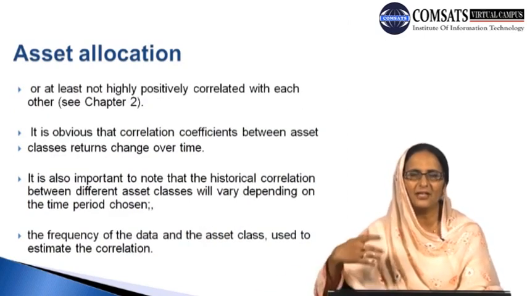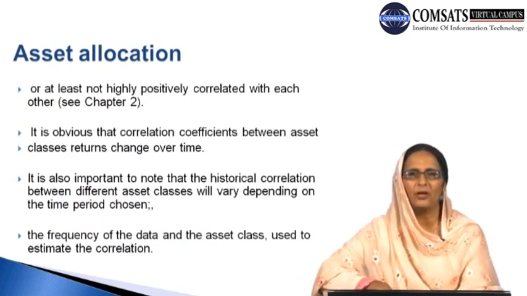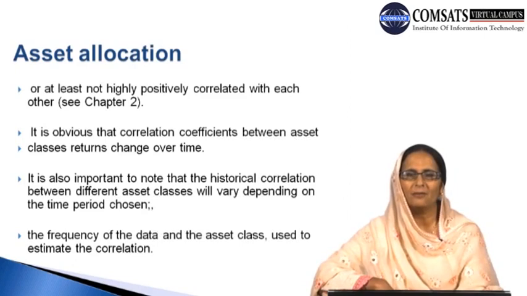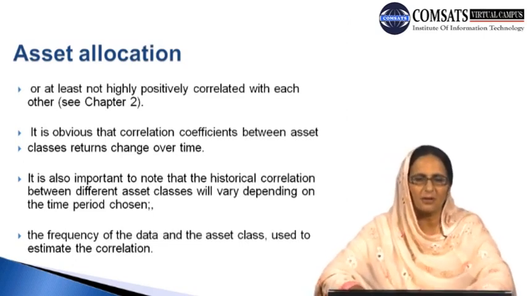That is, they have a negative relationship with each other. If we allocate to one type of portfolio item, then we will have a reduction in the other type. So there is a negative relationship, or at least not highly positively related with each other. This was discussed in chapter number 2.